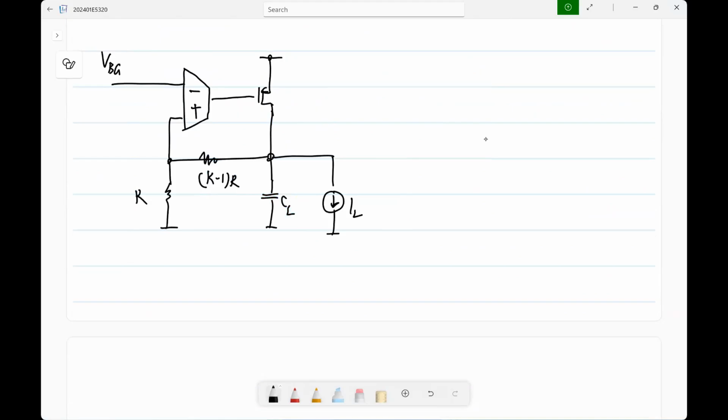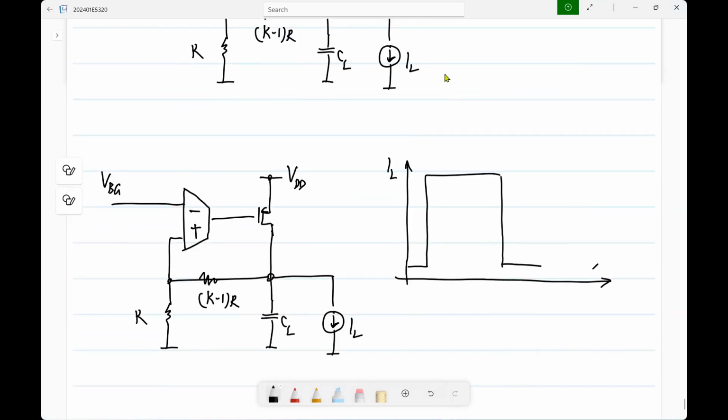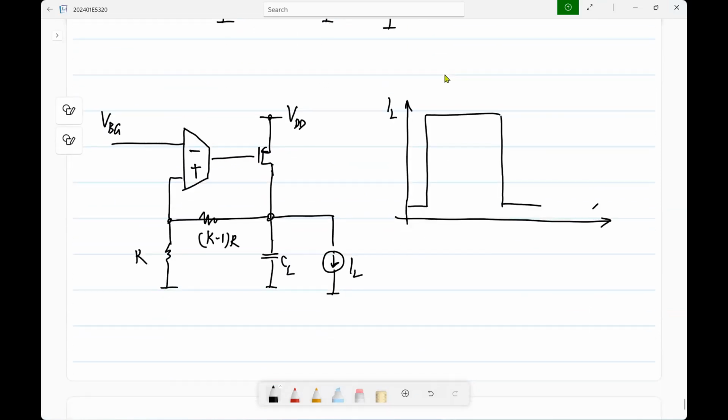So one of the tests that you do is you step IL from low to very large values and vice versa. Okay. How do you expect the settling to be? So this is IL, right?